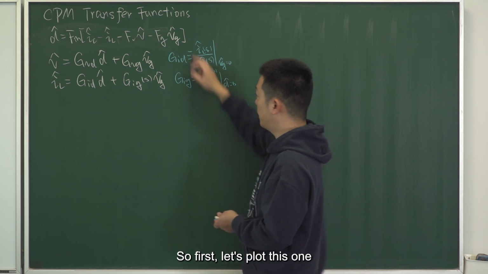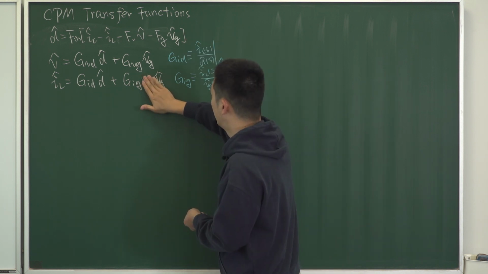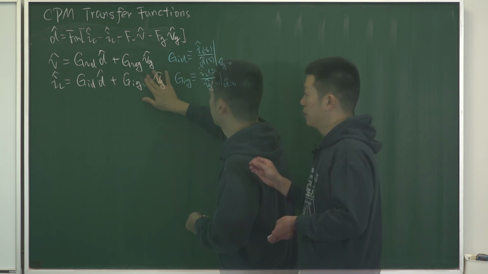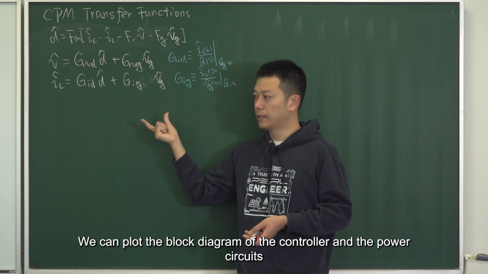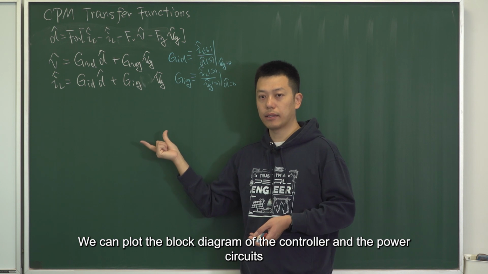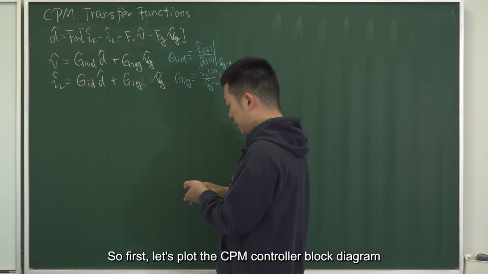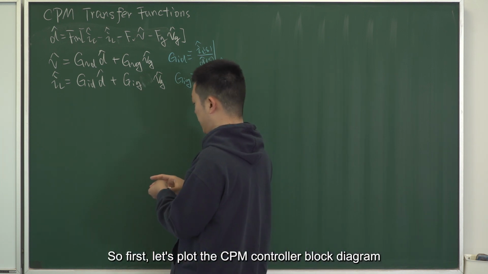So based on the three formulas, we can plot the block diagram of the controller and the power circuits. First, let's plot the CPM controller block diagram.